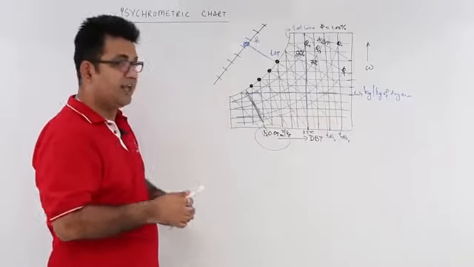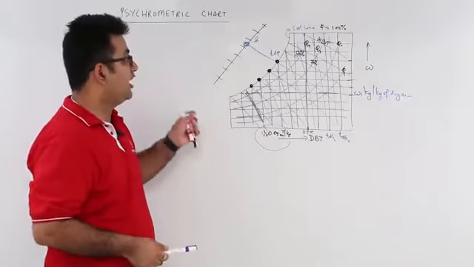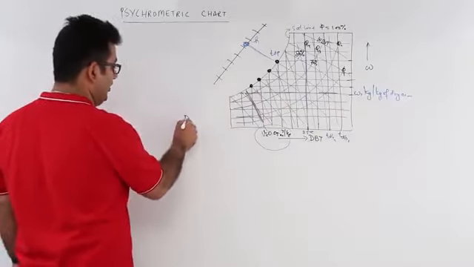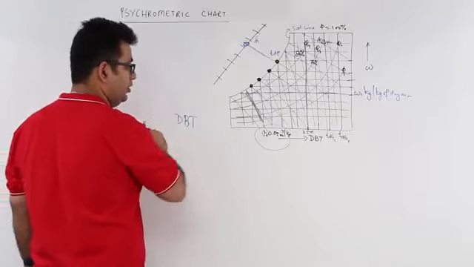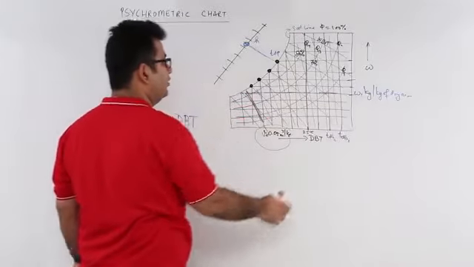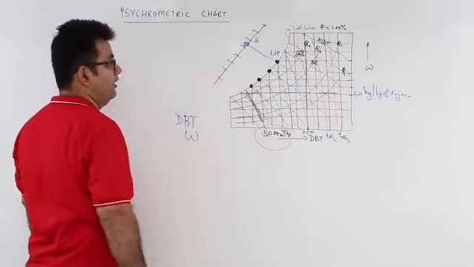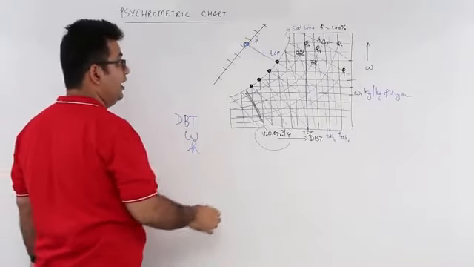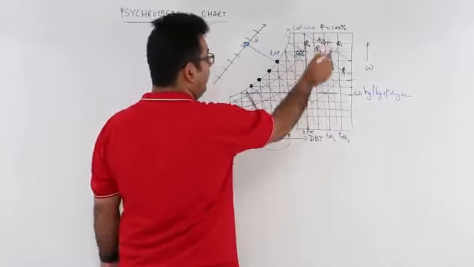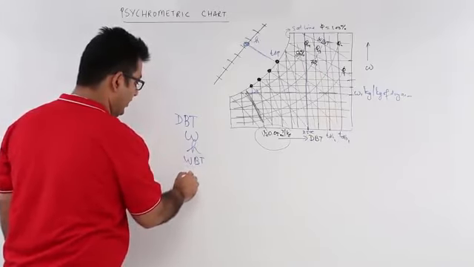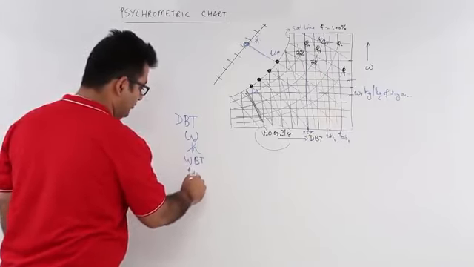So in a nutshell, your psychrometric chart would give you information about DBT on the horizontal axis, omega on the vertical axis, enthalpy on this axis, WBT, and the dew point temperature.